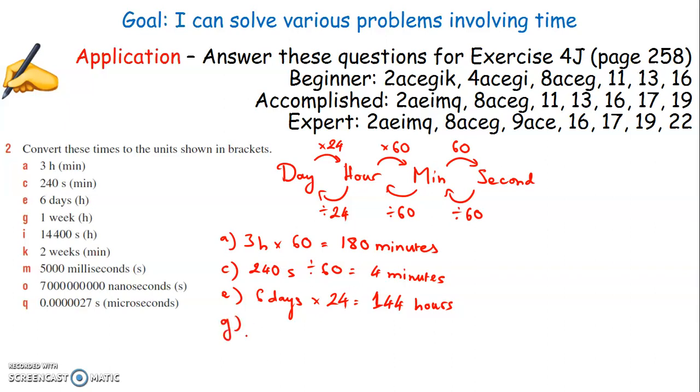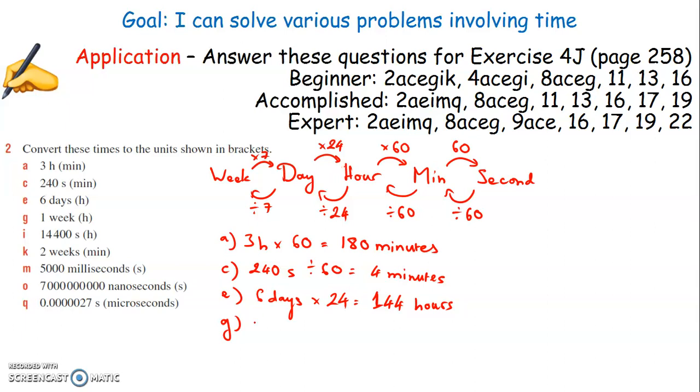G, so 1 week, to hours. Now week, I'm going to add something here. Let's go from week to day first. 1 week is 7 days. As you can see here, we have to change this through 2 steps.